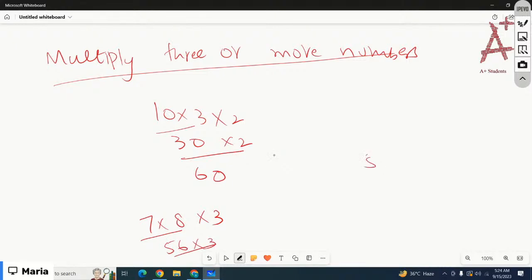Now multiply 56 times 3. 3 times 6 is 18. Carry 1. 3 times 5 is 15, and 1 is 16, so 168. That means 7 times 8 times 3 is 168. That's a group of numbers; you have to multiply two numbers at a time.